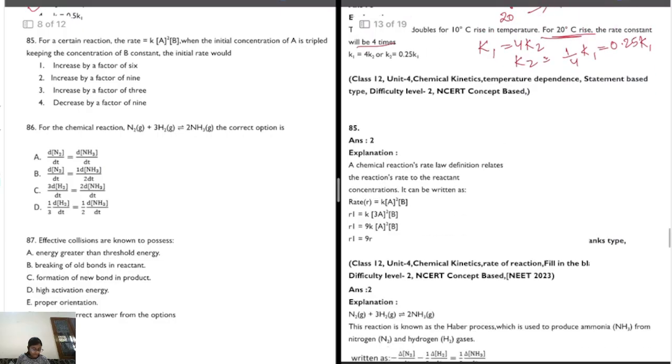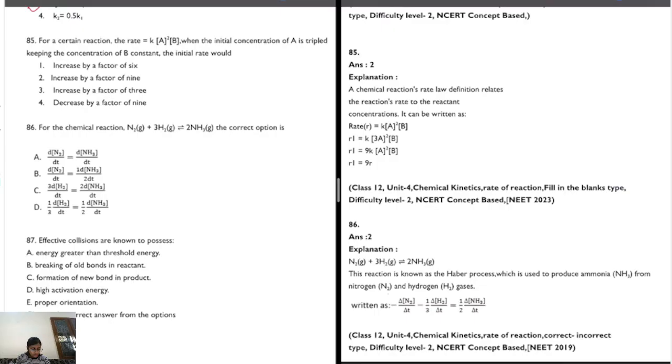In the next question, for a certain reaction, the rate equals K A squared B. When the initial concentration of A is tripled, keeping the concentration of B constant, then the initial rate would be?